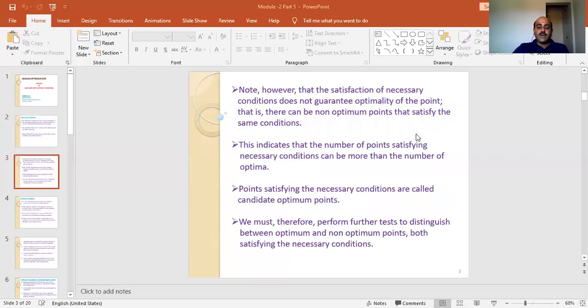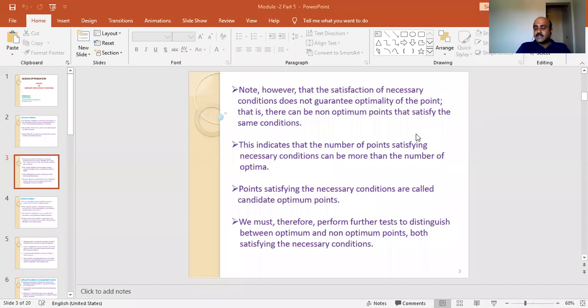So let us further continue. Note, however, that the satisfaction of necessary conditions does not guarantee the optimality of the point. That is, there can be non-optimum points that satisfy the same conditions. When you are getting optimality conditions for different functions, there may be quite a number of points which satisfy the necessary conditions.